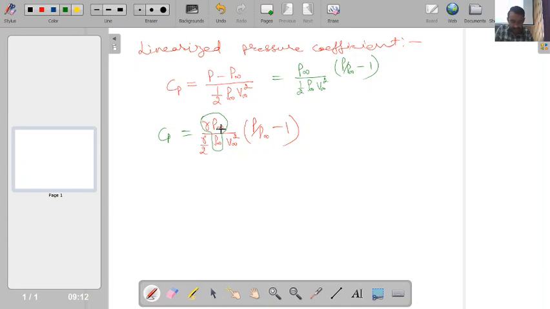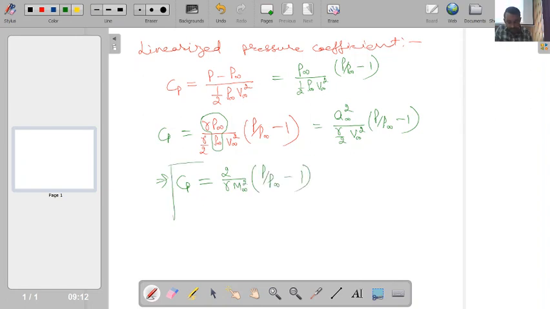All these conditions correspond to infinity, so this is the speed of sound corresponding to the free stream conditions: gamma by 2 V infinity square into P by P infinity minus 1. So my Cp comes out to be, since V infinity square by a infinity square becomes the Mach number, 2 by gamma M infinity square into P by P infinity minus 1.